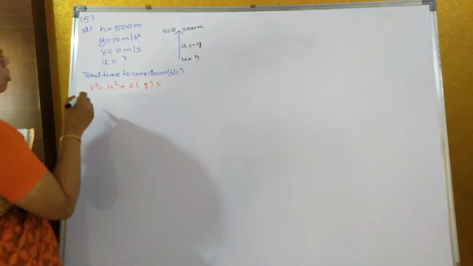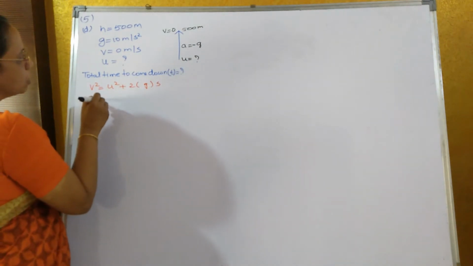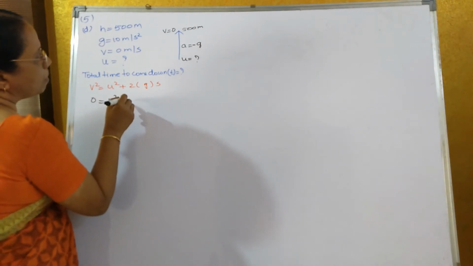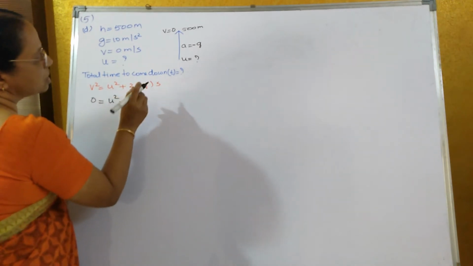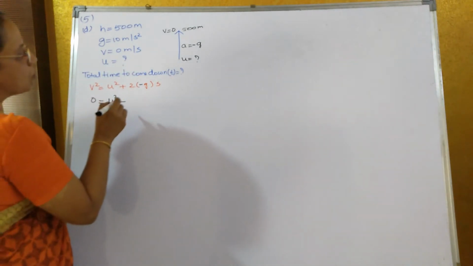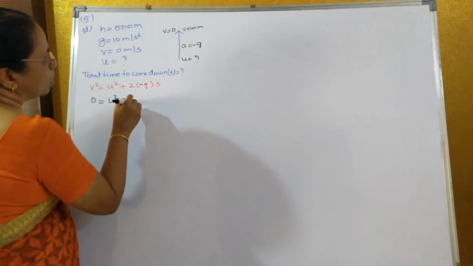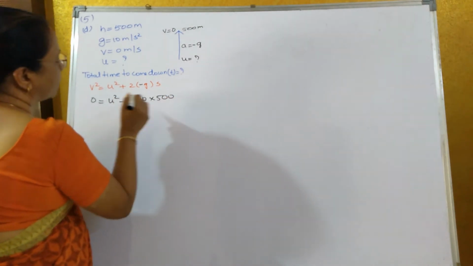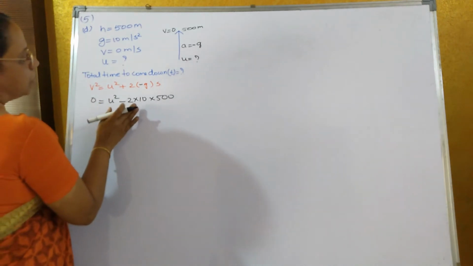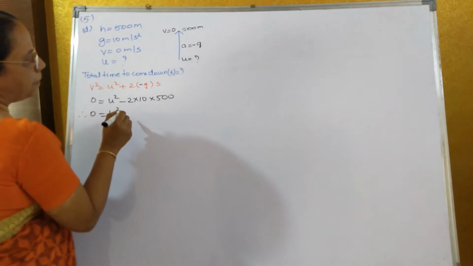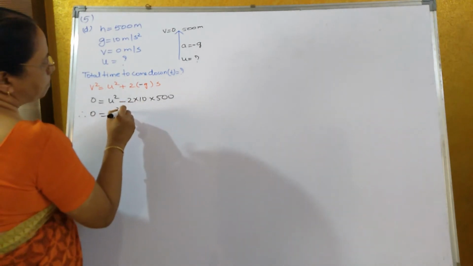You have to find out u and the time taken for it to go up and again come down. So over here v square is equal to 0 is equal to u square, we have to find out, minus, this will become minus because it is going up. So g will be minus over here. So minus 2 into 10 into s, which is 500. Therefore 0 is equal to u square minus 10,000.